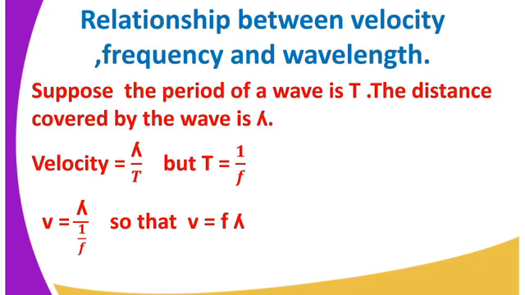You'll find out that when the wavelength increases, the frequency reduces. And looking at the diagrams you have seen when looking at the phase and the phase difference, you'll notice that when the frequency increases, the wavelength reduces. When the wavelength increases, the frequency reduces.